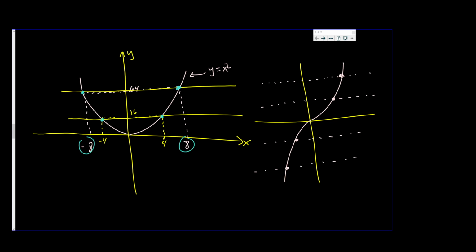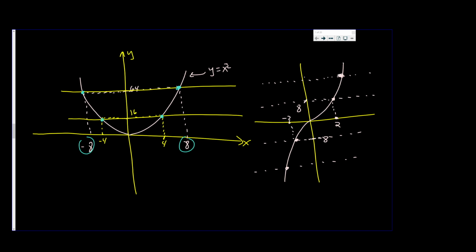So, if I tell you that this height is 8, well then, it's 2 that I cubed. Just for the record, negative 2 cubed is negative 8. If this height is negative 8, well then, there's only one answer, negative 2.